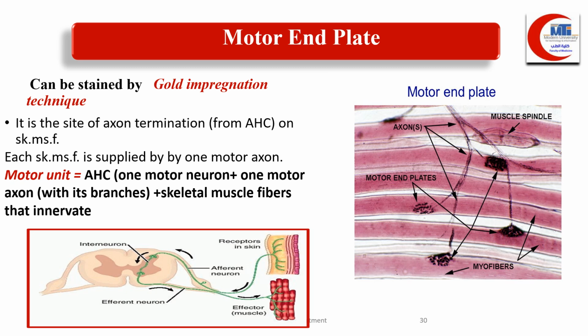Here we can see on the right side that these are skeletal muscle fibers, and this black structure which passes to branch and comes in contact with the muscle fiber, these are the axons. Then the axon, when it comes in contact with the muscle fiber, is called in this case the motor end plate.